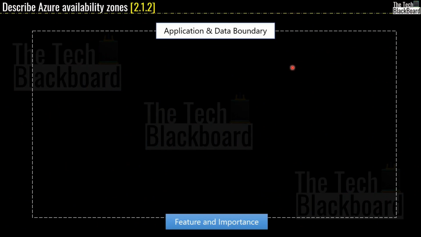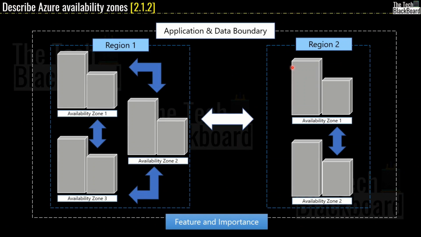Now friends, some organizations require high availability of availability zones and protection from large-scale phenomena or regional disasters. So all the big organizations want to protect their applications and data in case there is a natural calamity.